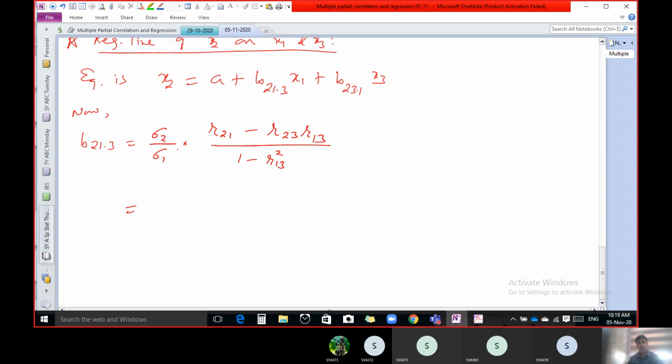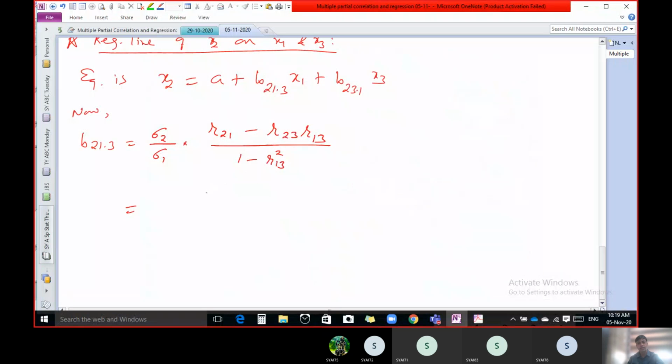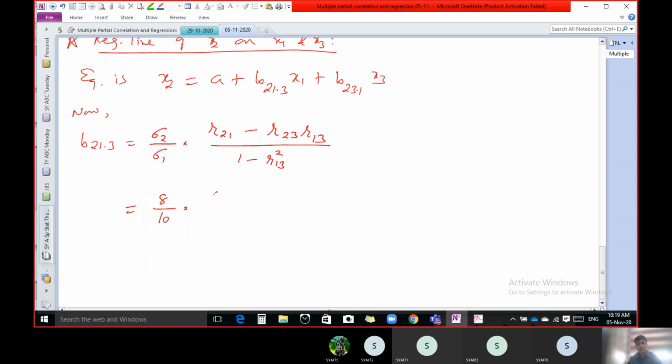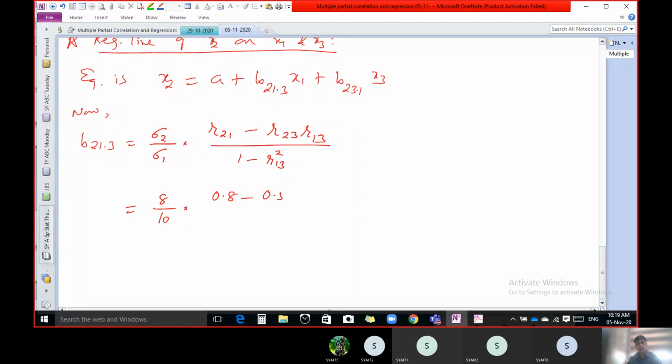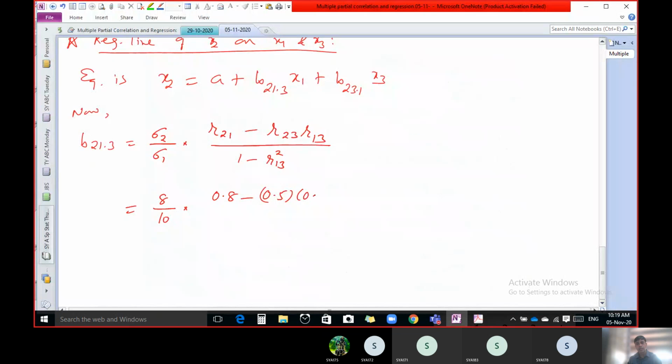Now put the values. Sigma 2 is 8, sigma 1 is 10. So 8 divided by 10 into r21, which is the same as r12, that is 0.8, minus r23, which is 0.5, into r13, which is 0.6, upon 1 minus 0.6 square.